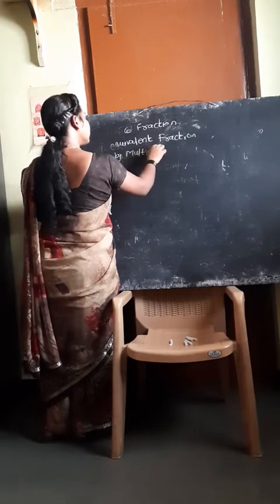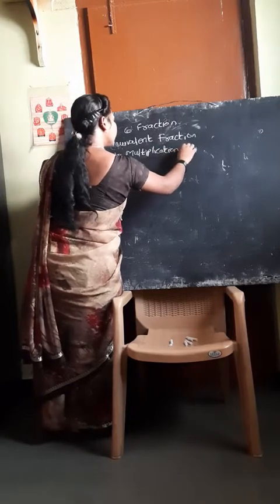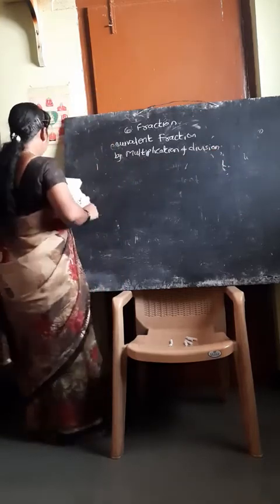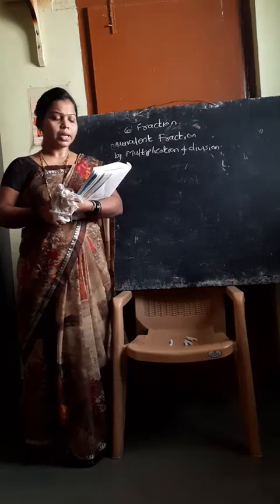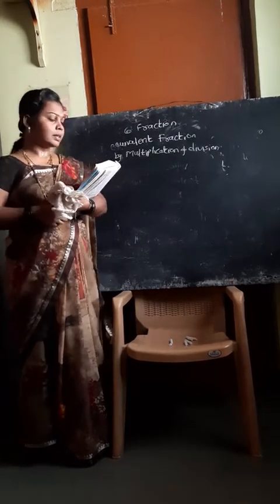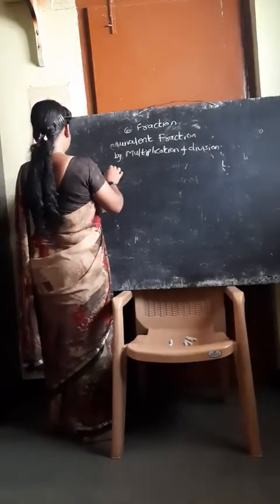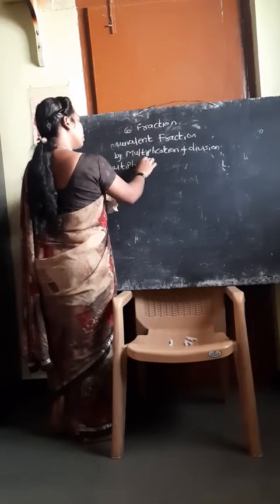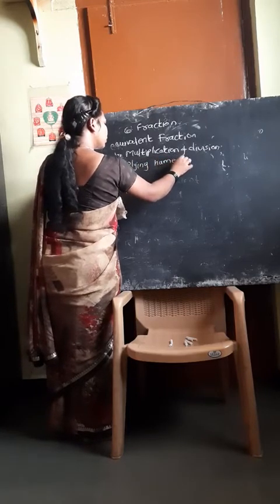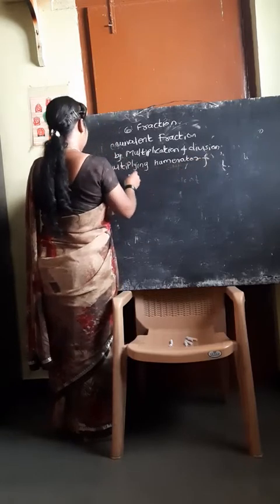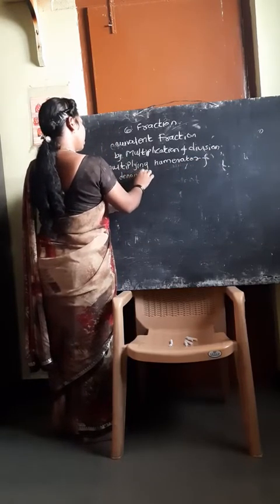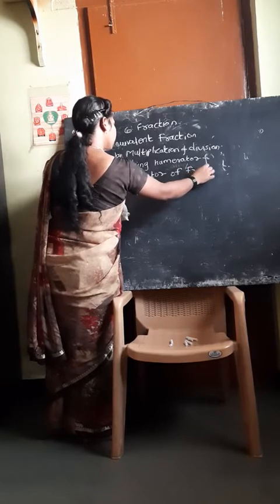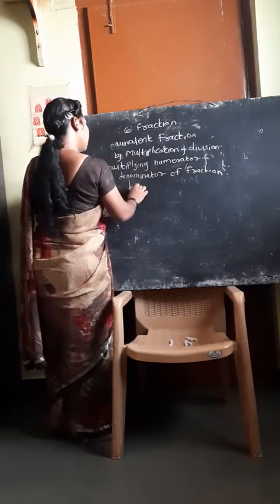The first rule is: an equivalent fraction can be obtained by multiplying the numerator and denominator of a fraction by the same number.